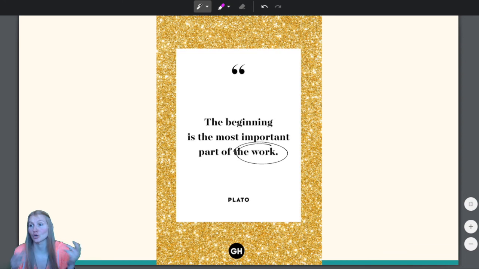Could be homework, could be your job work, could be exercise work, could be yard work, could be whatever it is. You're working on writing a book. You're working on writing songs, you're working on whatever it is that you're working on. And the most important part of that work is the beginning.